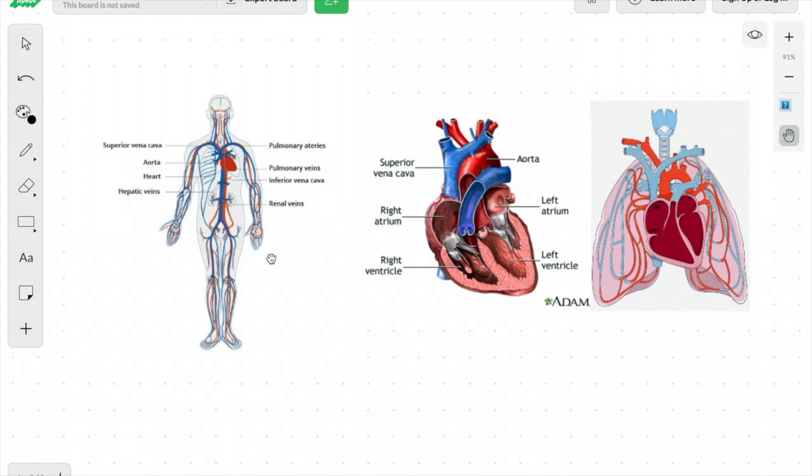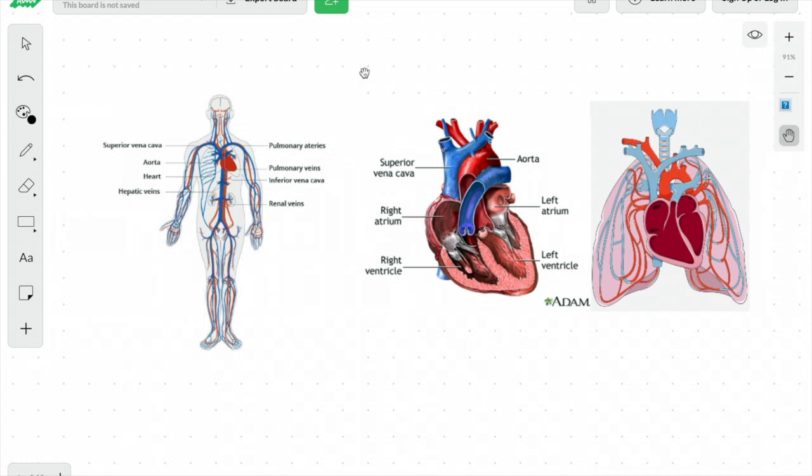First you have to understand that your body contains two types of blood: the oxygenated blood and the deoxygenated blood. The oxygenated blood comes from the lungs to your heart and travels back to your body, and the deoxygenated blood comes back from your body.